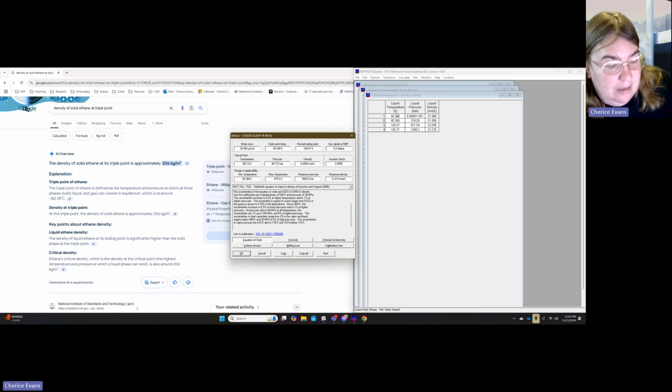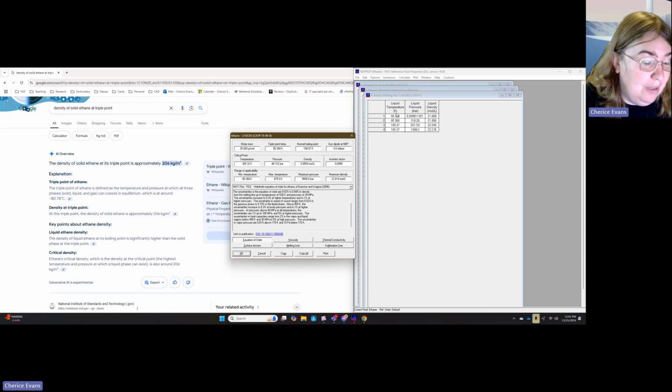Wait, did I? Yes, I did divide. Good. Per meter cubed. Now, this is going to be the most convoluted thing. I don't think in meters cubed, but I do know that there are 10 to the 6 milliliters in a cubic meter. So I'm going to divide that by 1 e to the 6th.